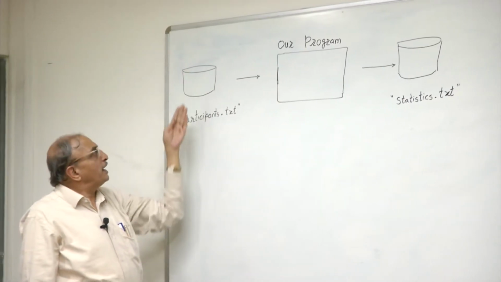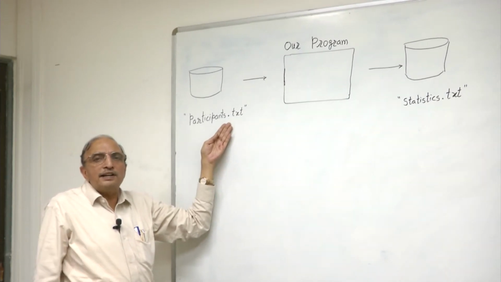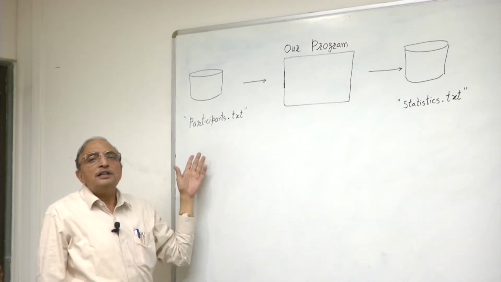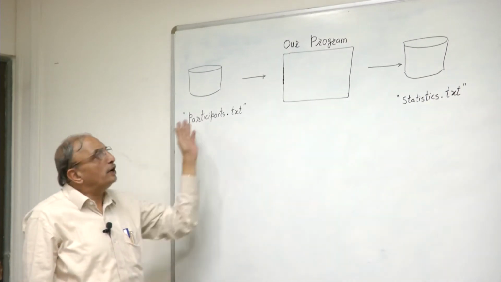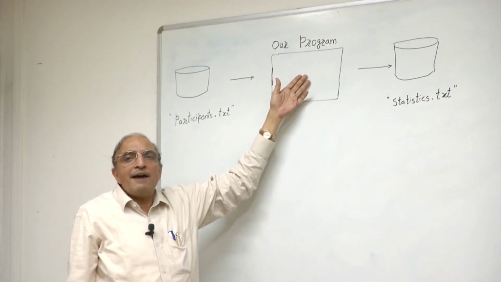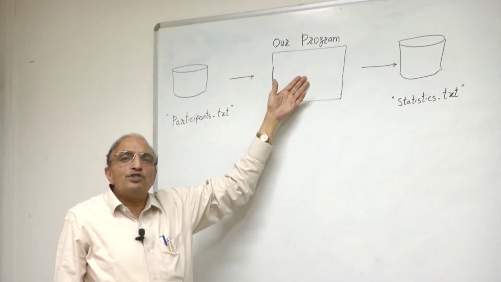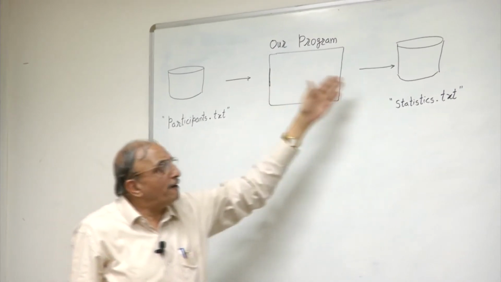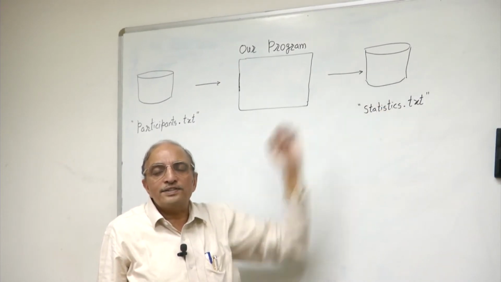As an example, I have taken a file which is known as participants.txt, which is, let us say, an external text file stored on the disk, and it contains data about names of participants, the marks scored by them in an exam, etc. What I wish to do is to read this data into my program, calculate some statistics such as average marks scored by the participants, the standard deviation, and instead of producing the output on my terminal, I wish to write the text output in a file called statistics.txt, which I wish to write onto a disk.